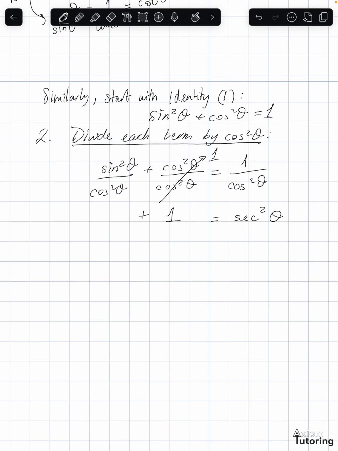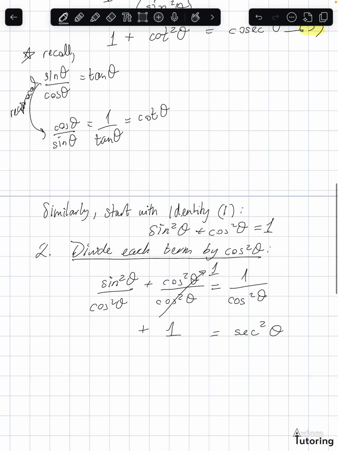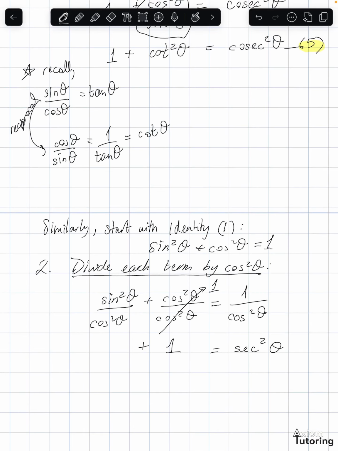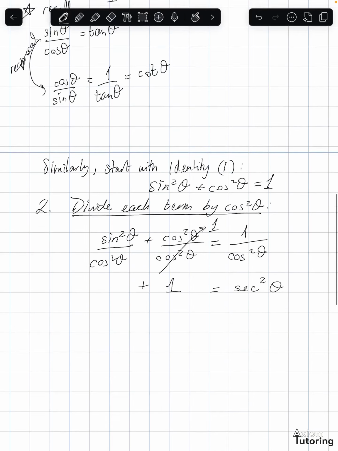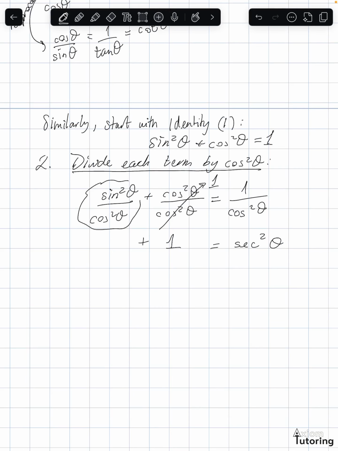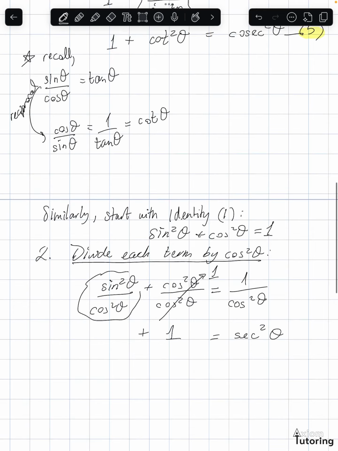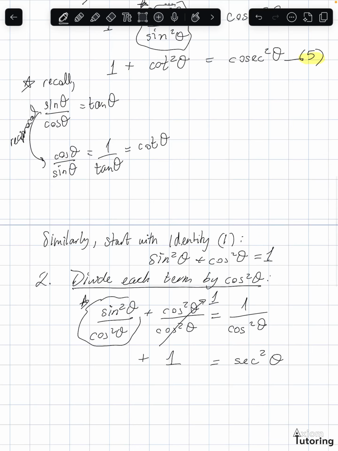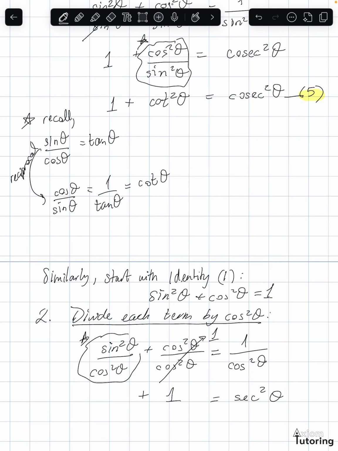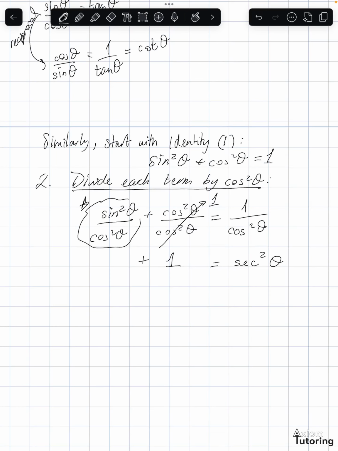And now this term, again, as before, we recalled that sine theta over cos theta equals tan theta. Right? So it's the same thing as up here where we started. Recall sine theta over cos theta equals tan theta.